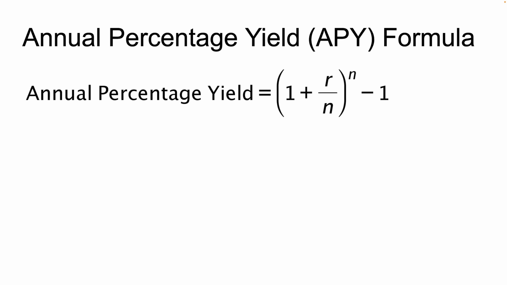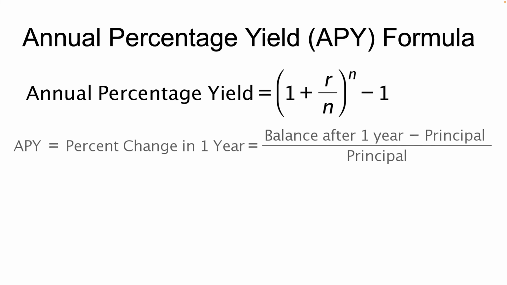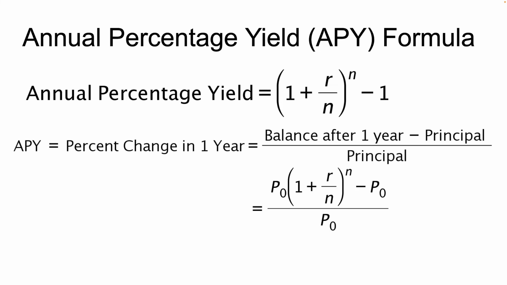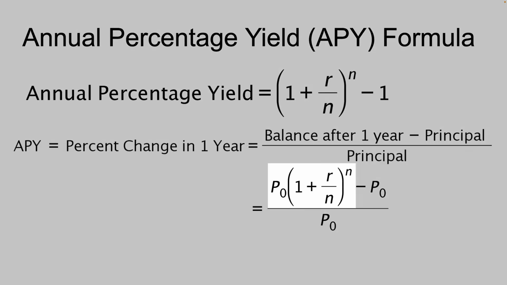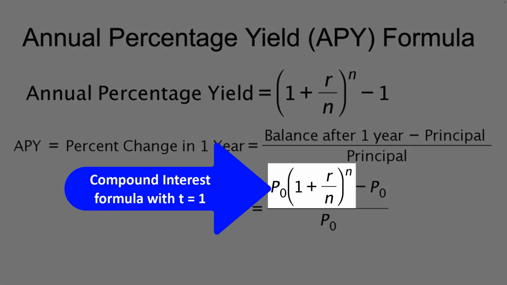If you're curious to where this formula comes from, essentially, if the APY is the percentage change in 1 year, we take that balance after 1 year minus the principal divided by the principal. So the formula P naught times 1 plus r over n raised to the n, that would be our balance after 1 year, no matter what our principal, our interest rate, or the number of compounds per year was.